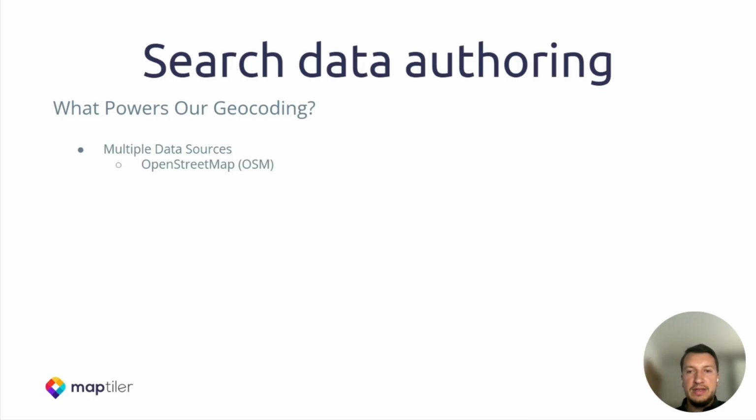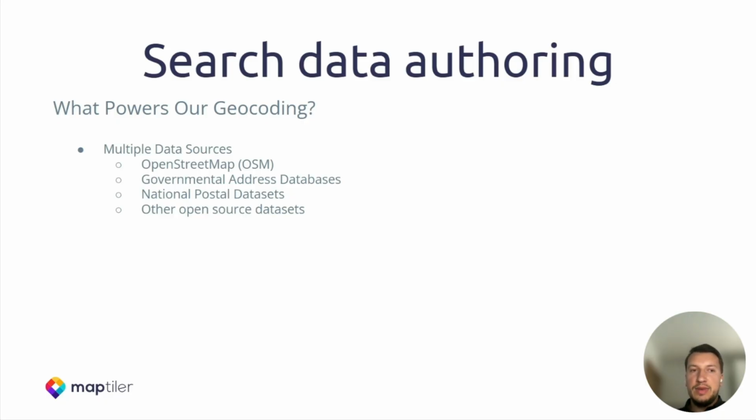And in order to fill in the gaps, we use various open source data sets, primarily governmental addresses, national postal data sets, and other third-party data sets. You may notice that we have recently updated our database with Texas region addresses as well as Spain addresses.